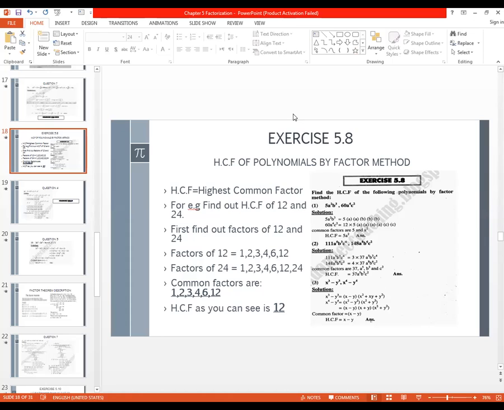I hope all of you are fine and all of you are working on your maths subject. As you all know, Bismillahir Rahmanir Rahim, maths is all about practice. It depends on how much practice you do for the topics you are given.